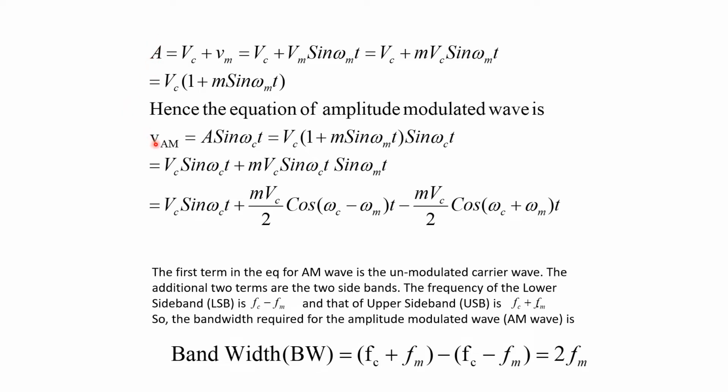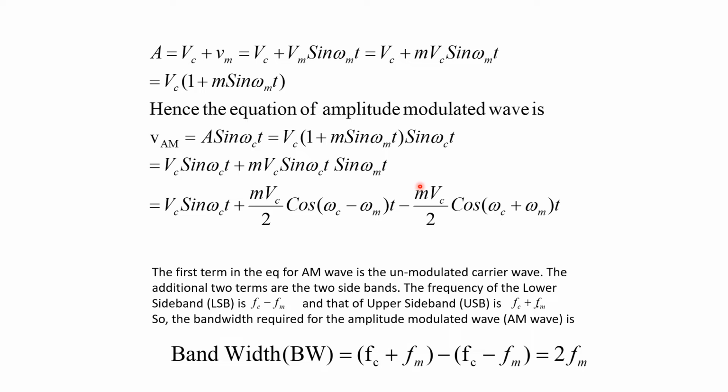The final equation of the amplitude modulated wave will be amplitude multiplied by sine omega ct, that is Vc into 1 plus m sine omega mt into sine omega ct. If it is simplified, then it is equal to Vc sine omega ct plus m into Vc sine omega ct into sine omega mt.